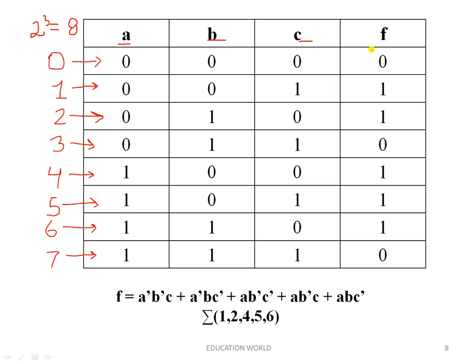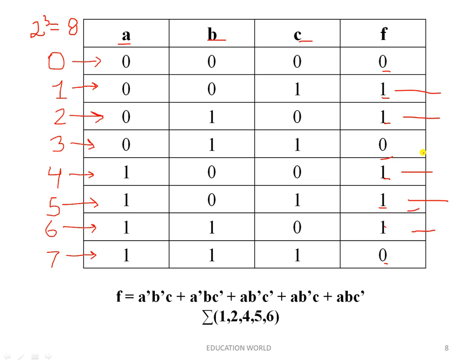If we have any function f given for the inputs A, B, C, and the values of the function f are 0 1 1 0 1 1 1 0, then we first see where it is 1, in the case of sum of product.